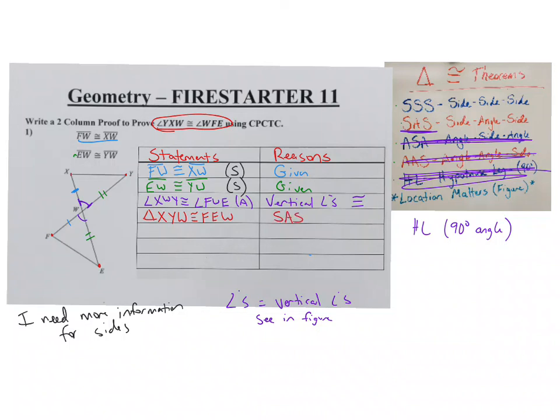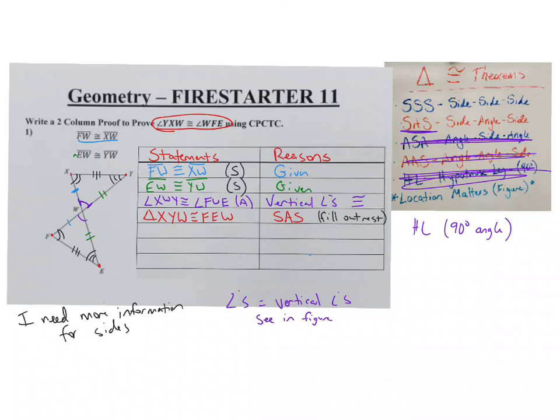Now that I have this, I could fill out the rest. So now I get to say this angle is congruent to this angle, and this angle is congruent to this angle, and I can even say this side is congruent to this side. Any black statement on the figure can be written as CPCTC.